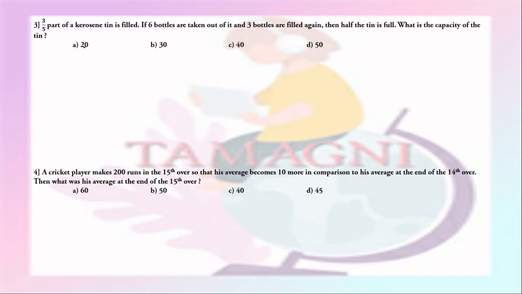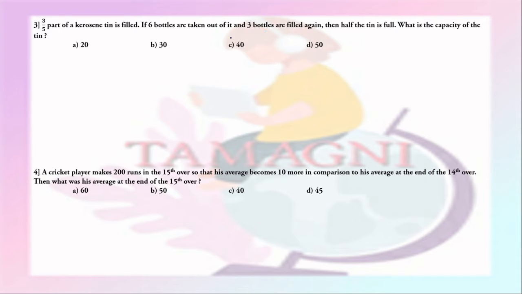3/5 part of a kerosene tin is filled. If 6 bottles are taken out of it and 3 bottles are filled again, then half the tin is full. What is the capacity of the tin? Here the tin of kerosene contains 3/5 part of the total volume. Now 6 bottles are taken out and 3 bottles are again filled.